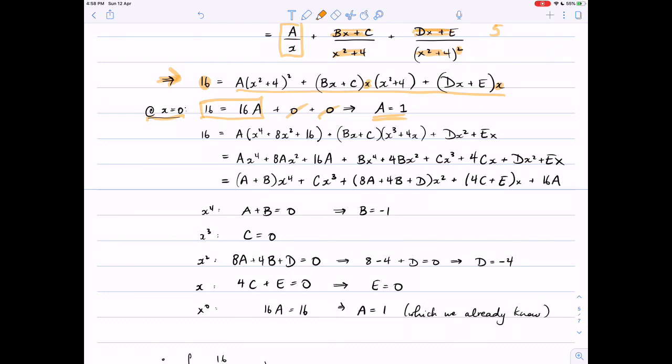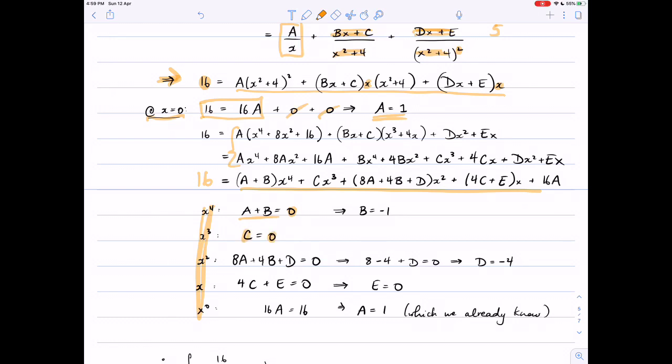So I do all of this. This is the expanding and collecting. And I get 16 is equal to all of this. And I compare the powers. I compare the coefficients. The coefficient on the left-hand side of x to the fourth is 0. On the right, it's A plus B, and so on and so forth. The coefficient of x cubed is 0.